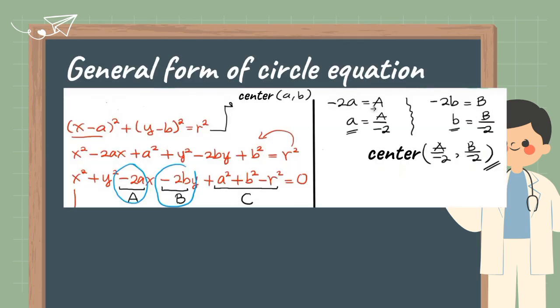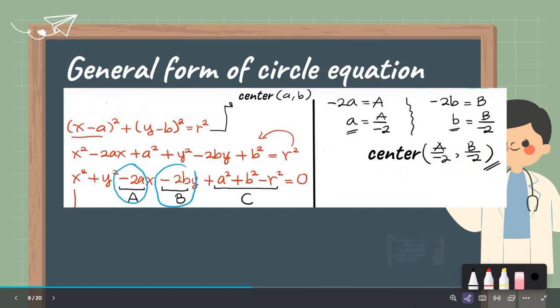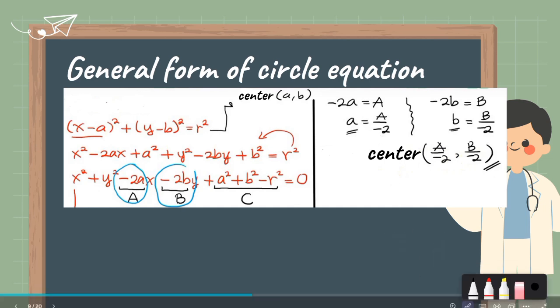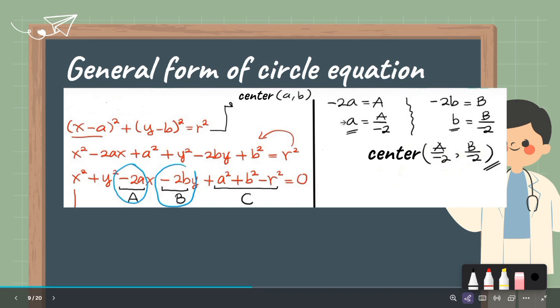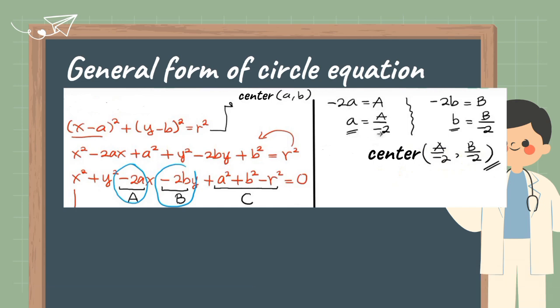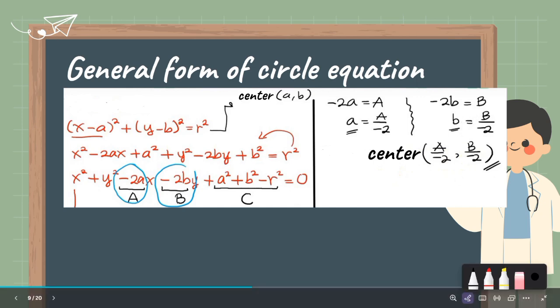Minus 2a is equal to A capital, then a is equal to A capital over minus 2. For b, minus 2b is equal to B capital, b is equal to B capital over minus 2. Then, in the general form of the circle equation, the center point is A over minus 2, B over minus 2.